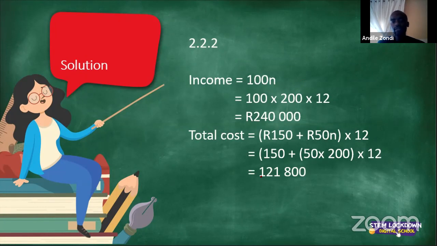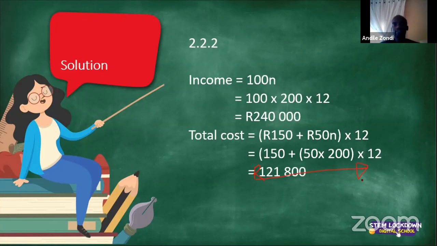So your answer is 121,800. Just remember to add your units. Sometimes I don't include units here, because the most important answer that must have units is your final answer.